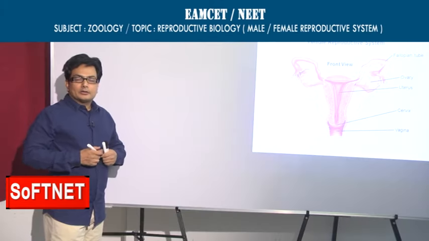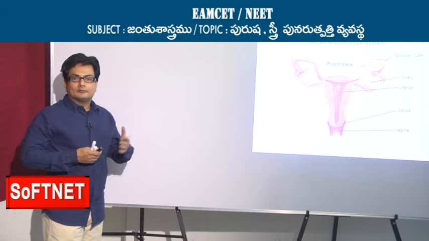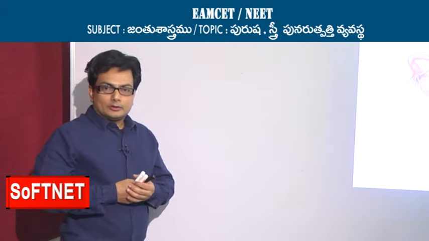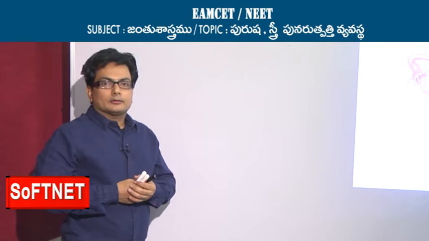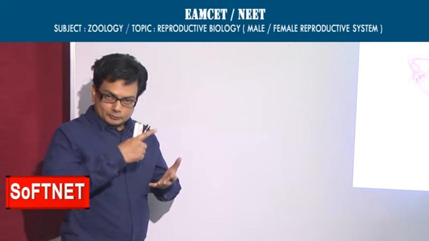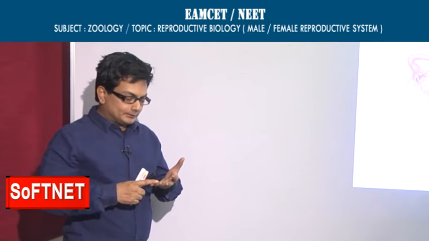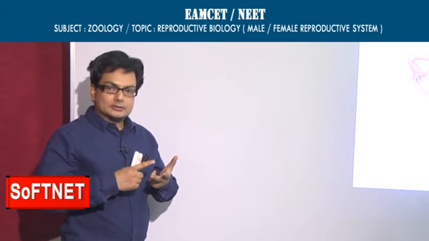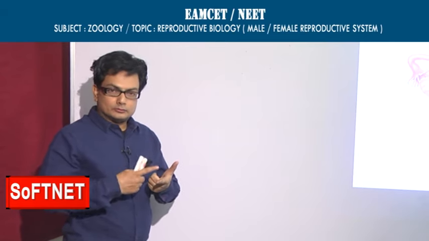In the female reproductive system, we have done the ovary and we have done the accessory ducts. Recalling the accessory ducts, they are fallopian tube with 3 regions in that. Then there is a uterus, and that is followed by the cervix, which leads into the vagina.